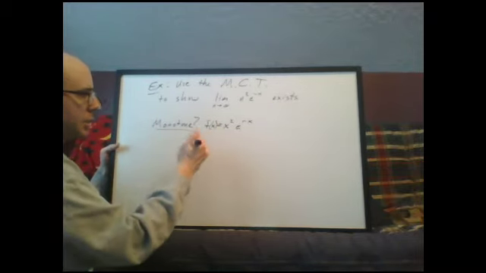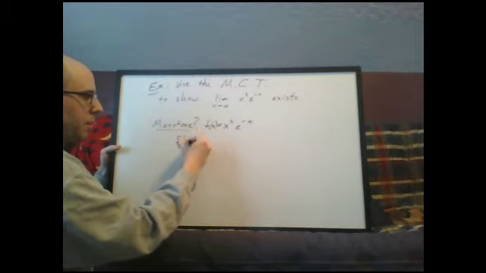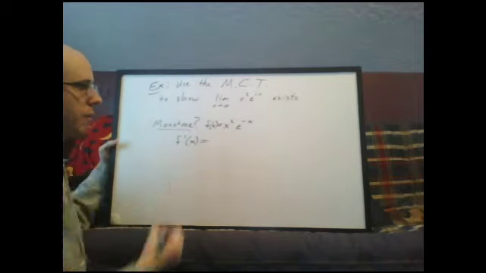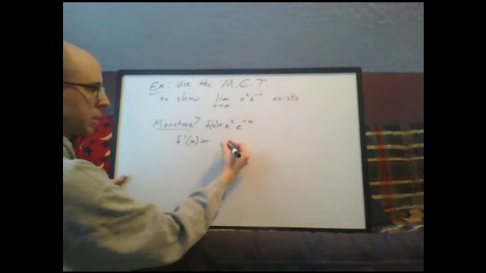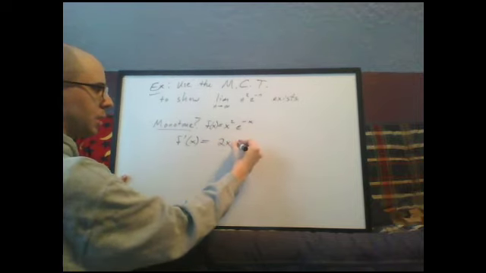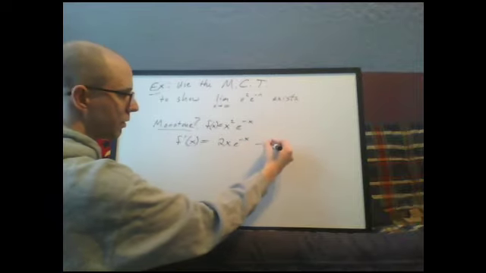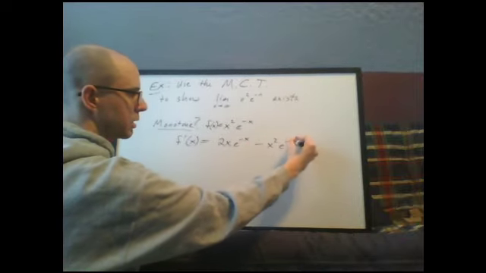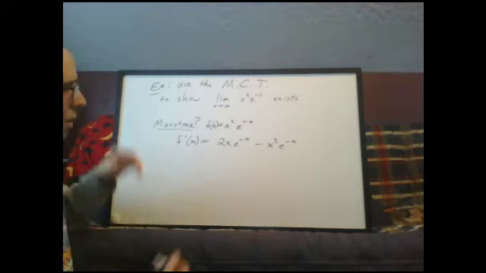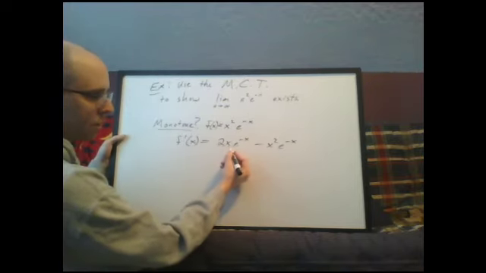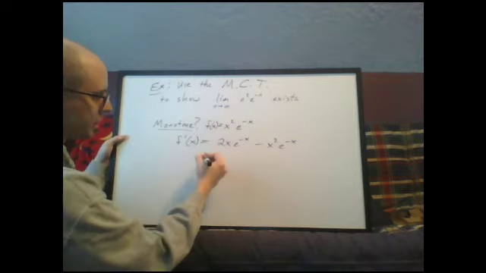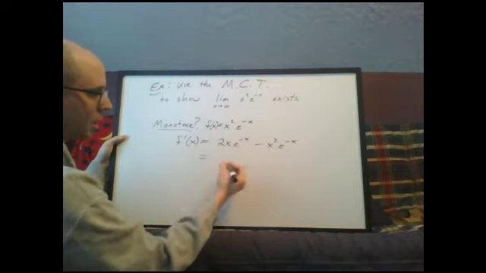So if I replace n with x, then I can take f prime, the derivative. This would be a product, so that's 2x e to the negative x. The derivative of the second factor would be negative e to the minus x. So the product rule gives us this. Then we can factor out e to the minus x and x.